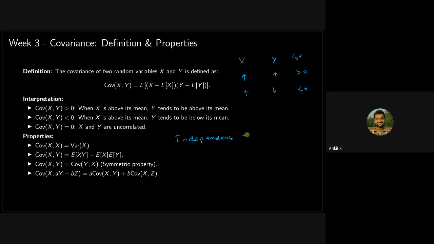Independence is not equal to correlation. Independence deals with sample space. But independence is a stronger measure. If two random variables are independent, then they are uncorrelated.